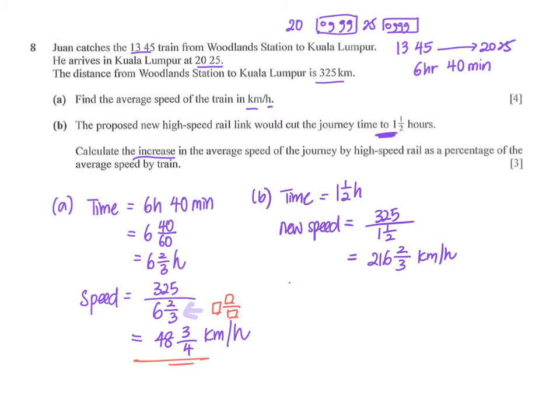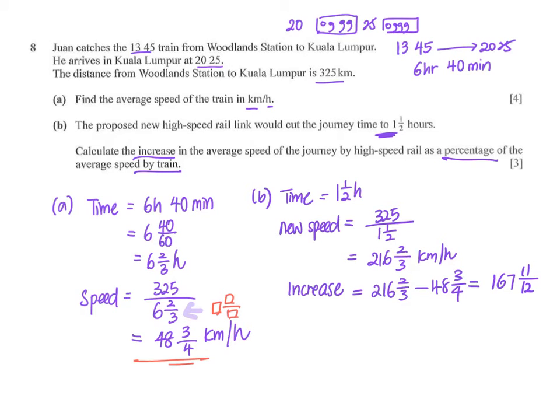So the increase is 216 2/3 minus 48 3/4, to be 167 11/12. And we want to change this into a percentage of the train.